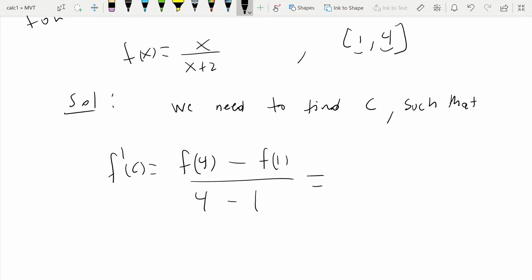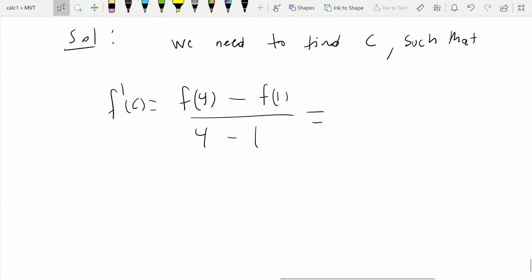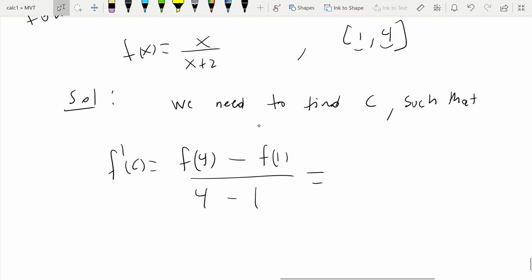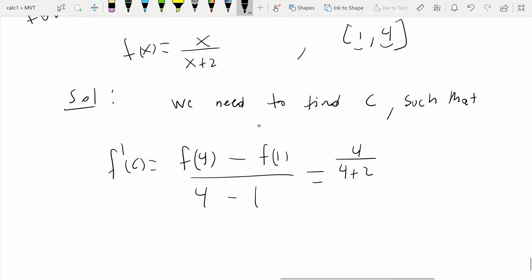Okay, so what is f of 4? f of 4 is 4 divided by 4 plus 2, and f of 1 is 1 divided by 1 plus 2. I'm just plugging in the values x equals 4 and x equals 1 into this expression defining f. And now divide that by 4 minus 1, which is equal to 3.